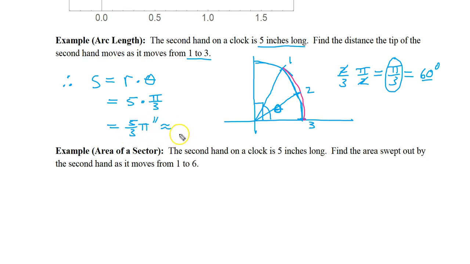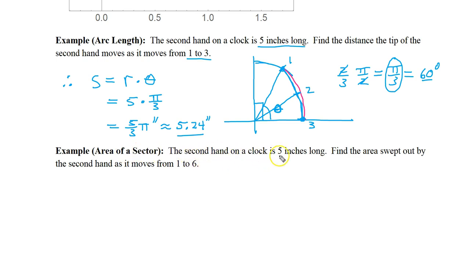And if we just evaluate that on our calculator, we get approximately 5.24 inches. So that represents the distance from here to here along that circle of radius 5. So that's how far the tip of the second hand moves as it moves from the 1 to the 3 position.